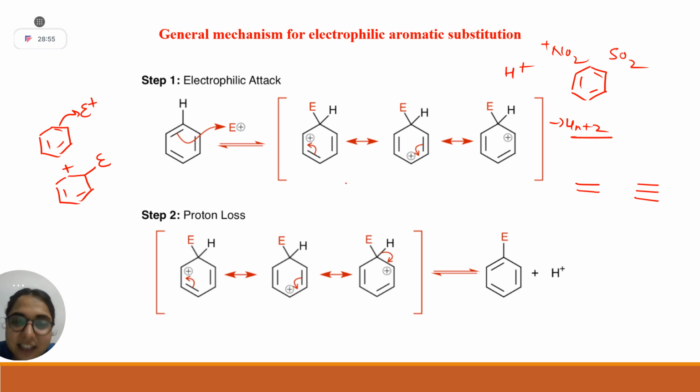Okay, in next class, I am going to ask you this question. You are right, this intermediate is your carbocation, but this complete structure, one name is there. You should know. Sigma complex. Sigma complex is also right.